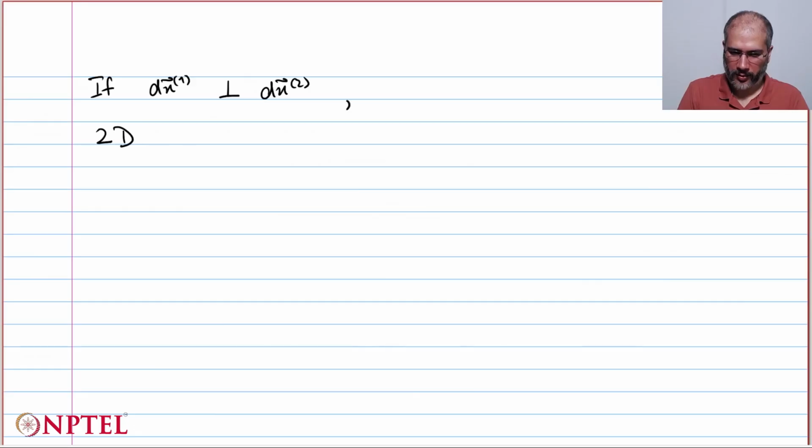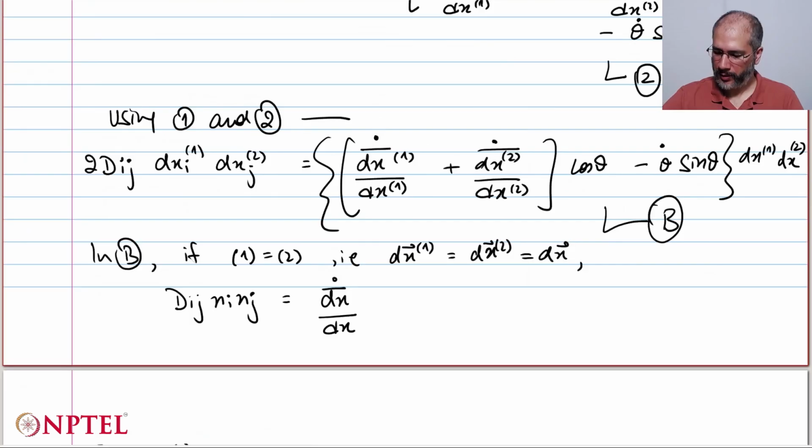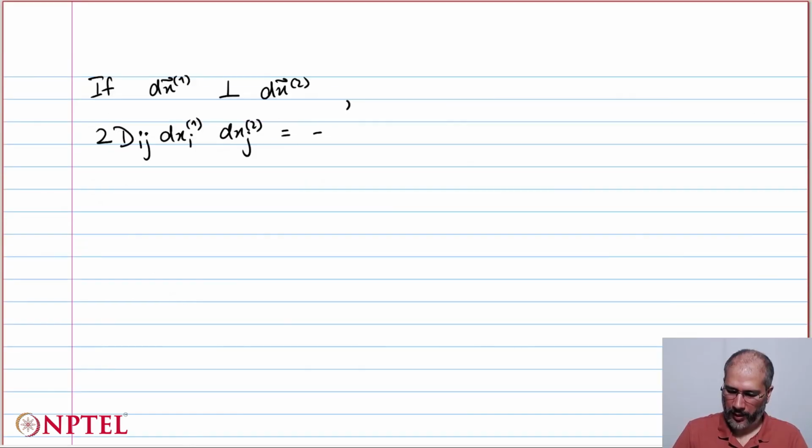So I'll get twice dij dxi1 times dxj2, and on the right hand side, if you look at expression b, you have a cos theta, and since we have taken the two vectors perpendicular, cos theta is going to be 0 and sine theta is going to be 1. So we have a minus theta dot times dx1 magnitude times dx2 magnitude.